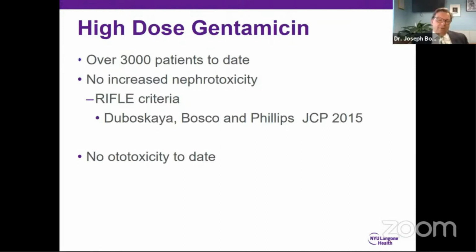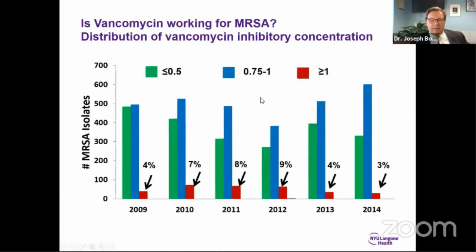There's something called the RIFLE criteria, which is risk and injury, and then E stands for end-stage, where you lose your kidney function. We found there was no higher increase of injury to kidneys in our study, no nephrotoxicity, no problems with the kidneys, and no problems with hearing or ototoxicity as well. So it's safe and it's effective if you do it the right way.